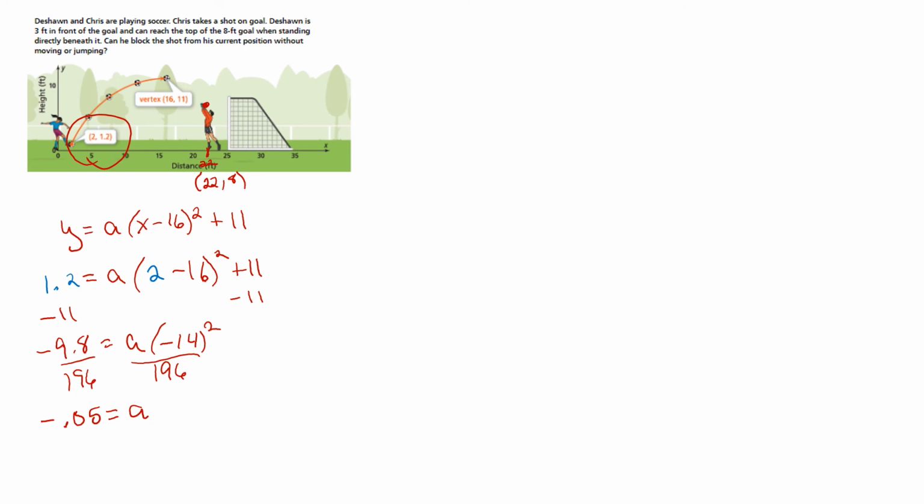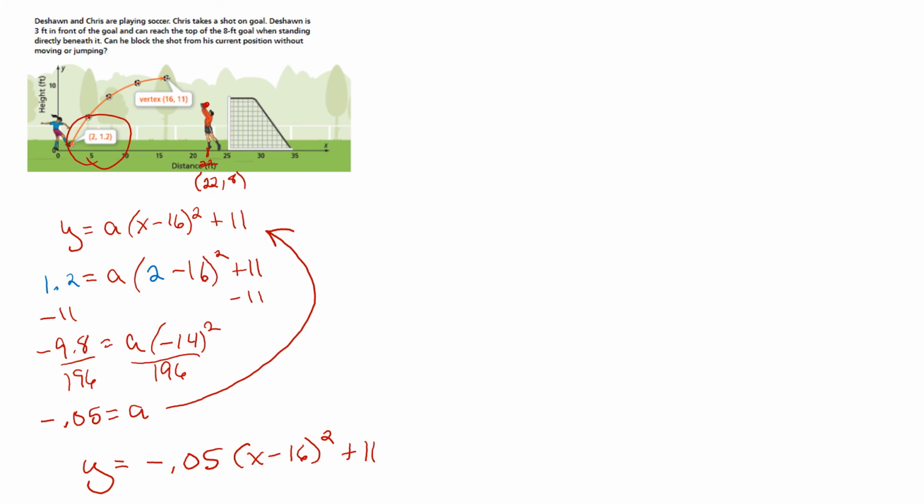So a equals negative 0.05, but that's not the answer because we need an equation. We're looking for the equation, so we're going to plug that right back in up here to get y equals negative 0.05 times x minus 16 squared plus 11. So that's our equation.